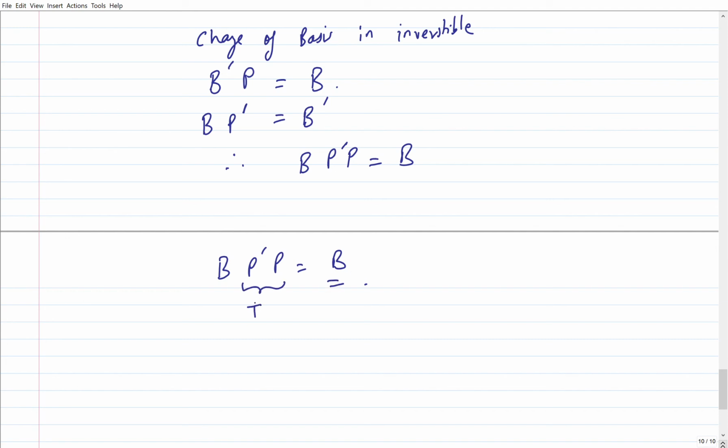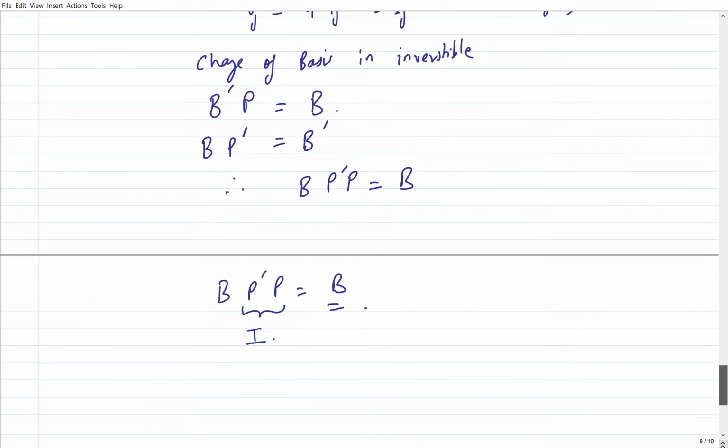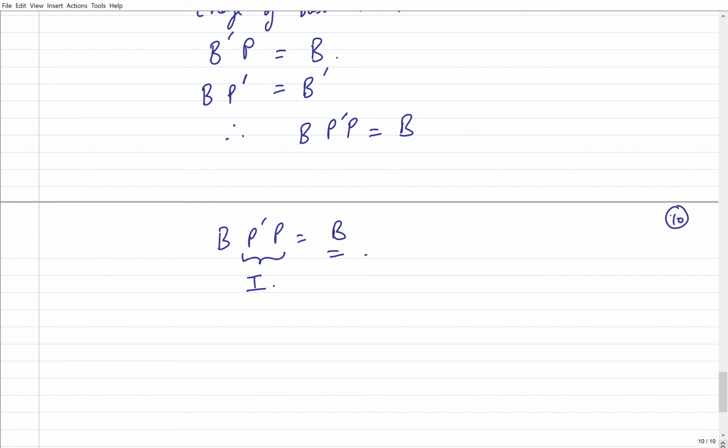I can argue that this is an identity matrix. And how do I argue that? Just think about it for a second. Well, the idea is that B is a basis, and elements are uniquely expressed in the space.